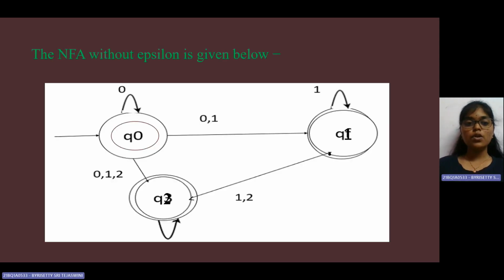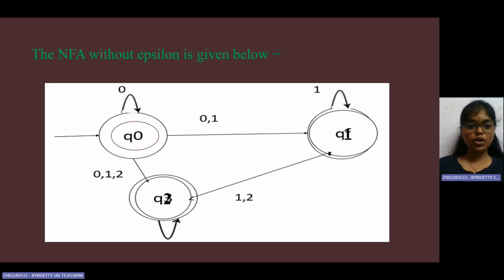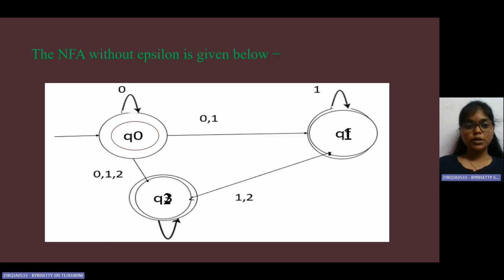So q0 at 1 input, it moves to q1 and q2, right? And q0 at input 2, it moves to only q2.